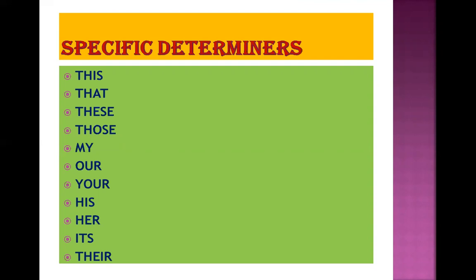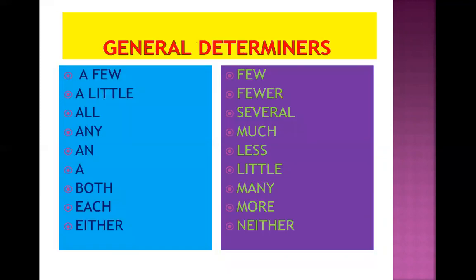We cannot use more than one specific determiner before a noun. These are the specific determiners: this, that, these, those, my, your, his, her, its, their. You cannot use more than one specific determiner before a noun.